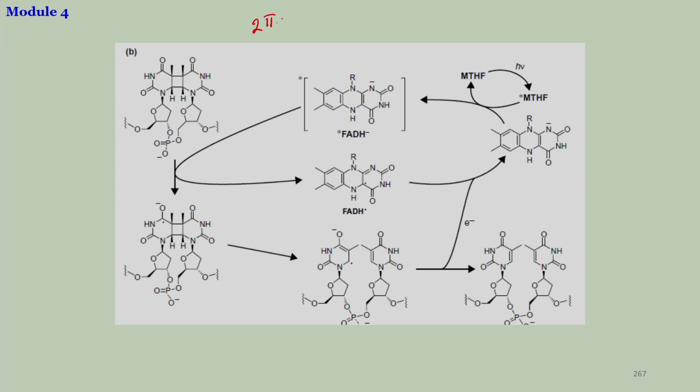So, 2 pi plus 2 pi, cycloreversion, that is the job of the photolyase. Since it is doing a reversible process, of course, radicals are involved, because photochemistry occurs through homolytic cleavage, which means through radical formations.